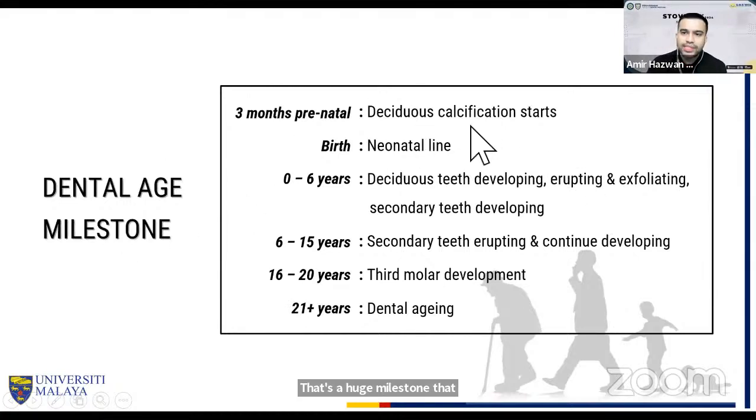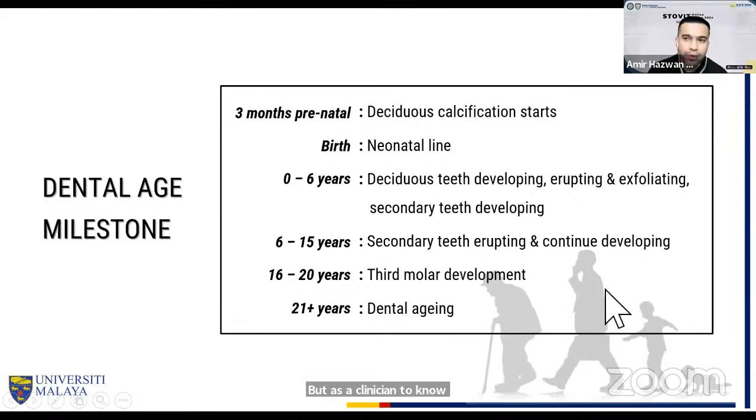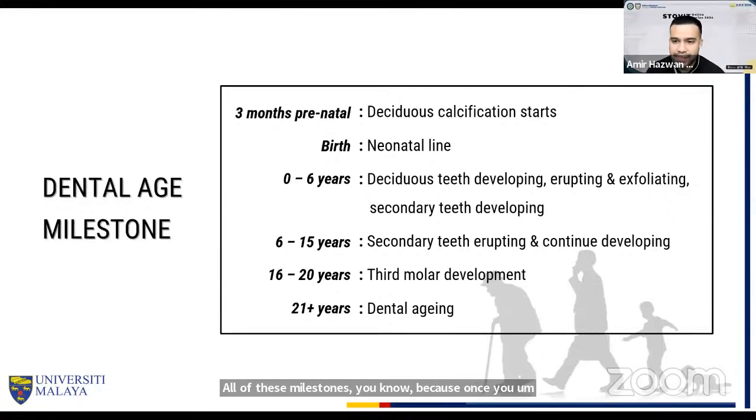It's useful for you, not just for us as forensic odontologists, but as a clinician to know all of these milestones, because once you're seeing a patient in the dental chair, a pedo patient, for example, and you see something abnormal, or you're expecting to see something that should already be there, but it's not there, you have to take a step further to investigate and examine the patient, for example, why their secondary teeth haven't erupted.